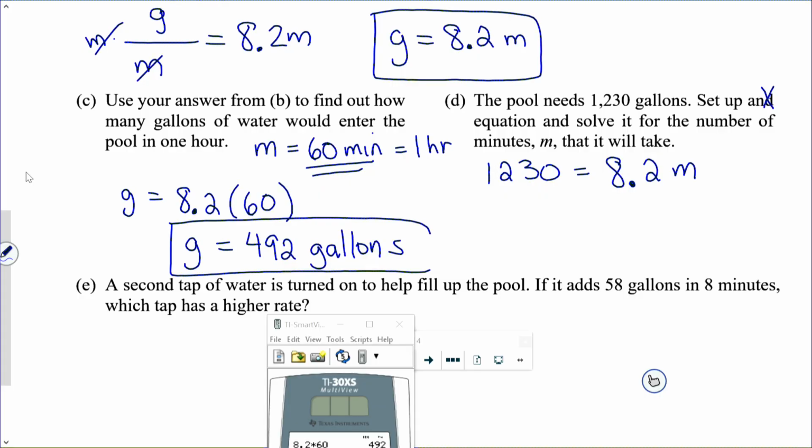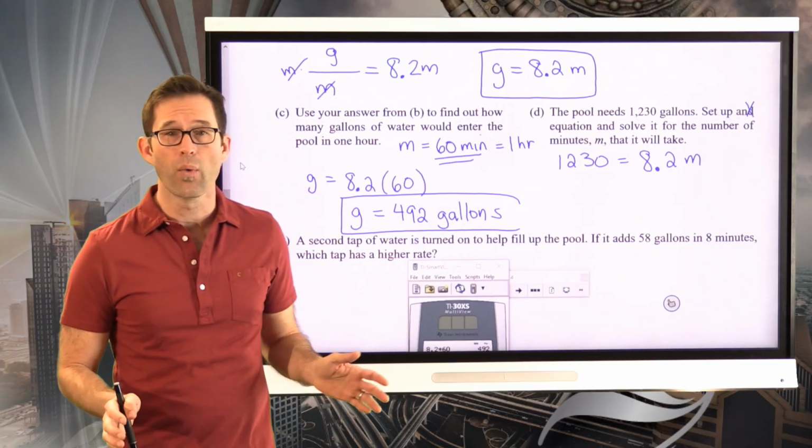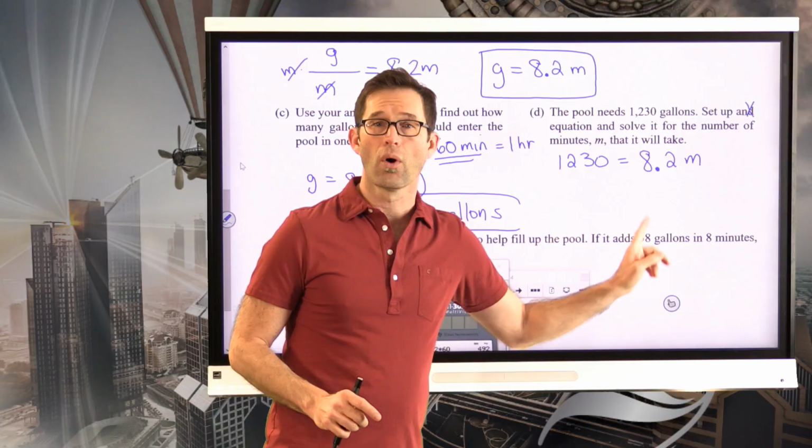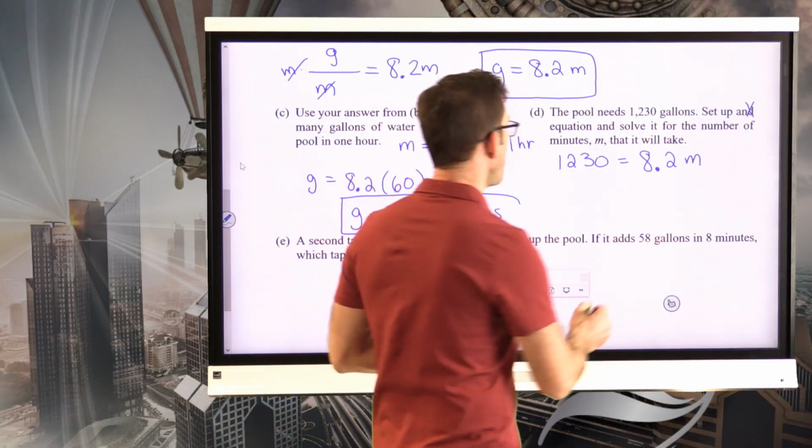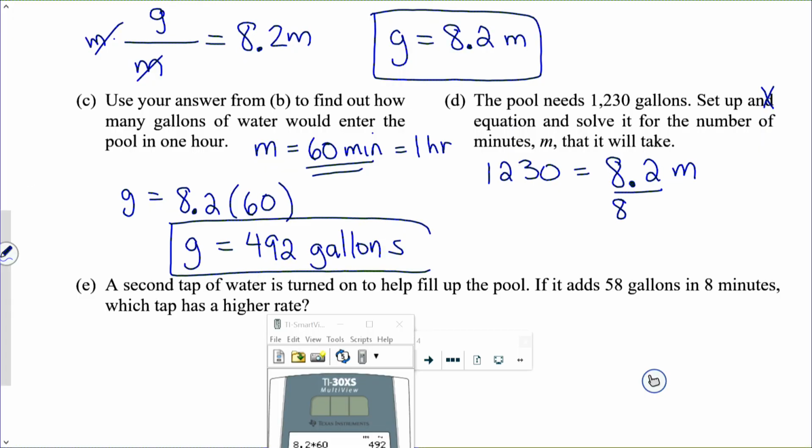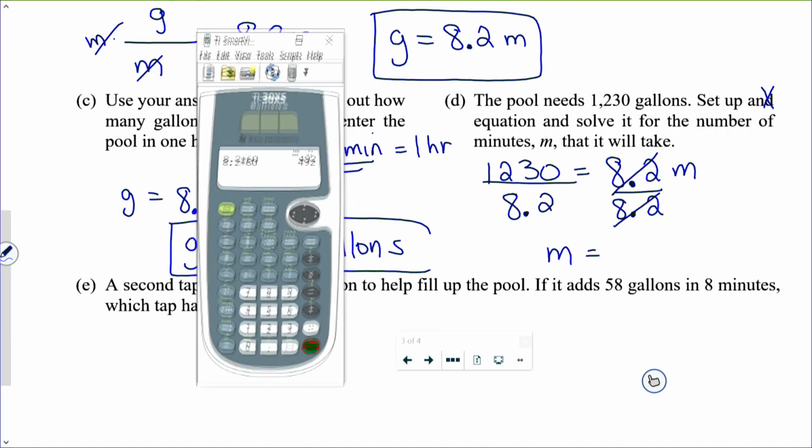Now, this is a very, very simple one-step equation, right? In order to solve this equation, all we need to do is divide both sides by 8.2, right? Now, back in 6th grade math, that would have been a huge pain because we would have had to do that long division using the decimal.